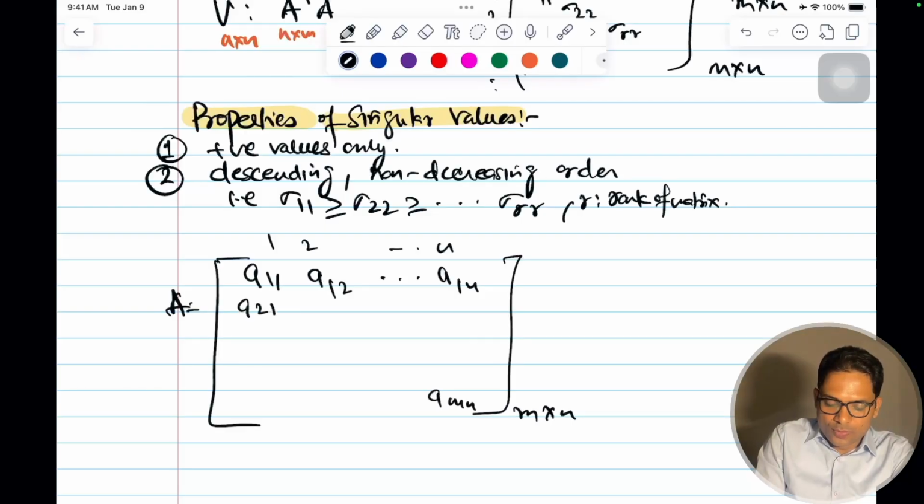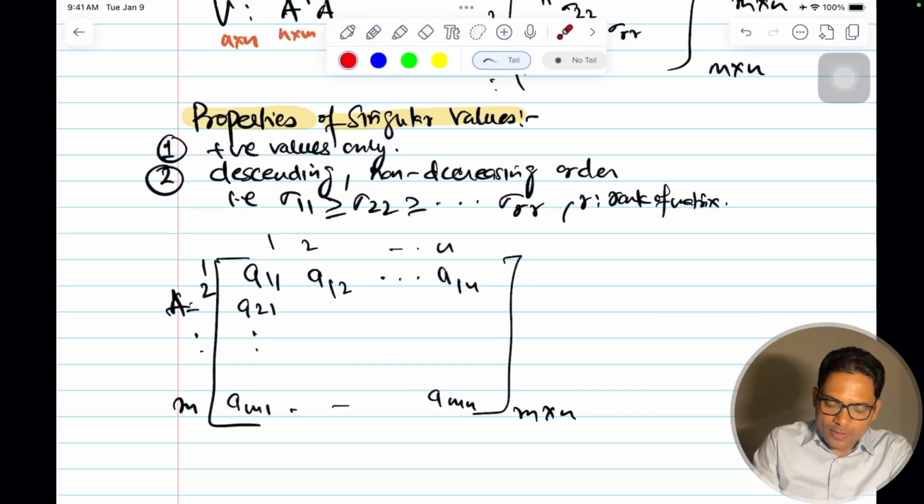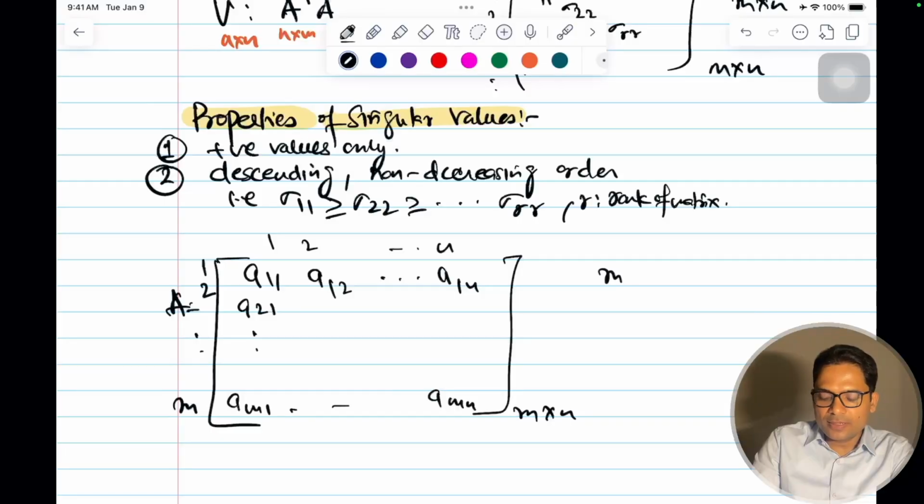So this is A21 like this till Am1, 1, 2 till m here. So say this is an m cross n matrix, the rank of this matrix will be whichever is less. Say if m is less than n, then if all are linearly independent, the rank should be m.